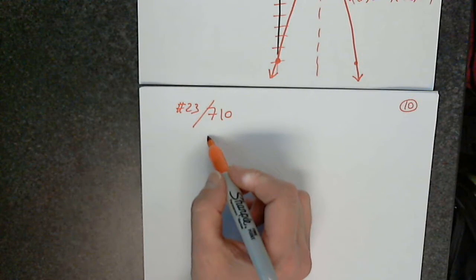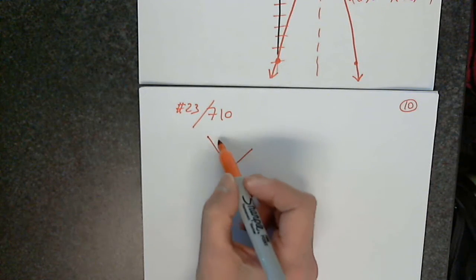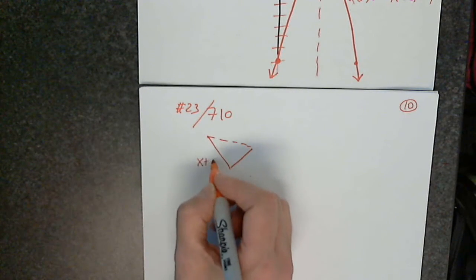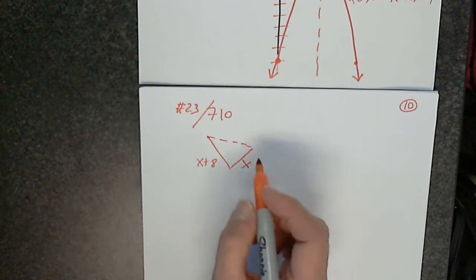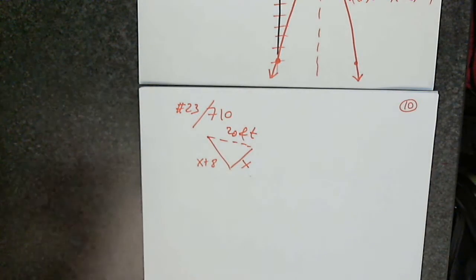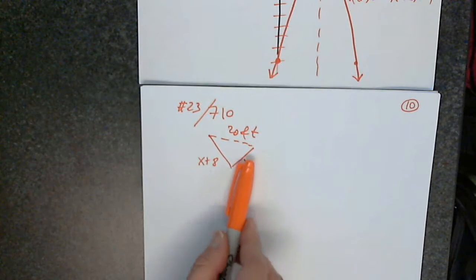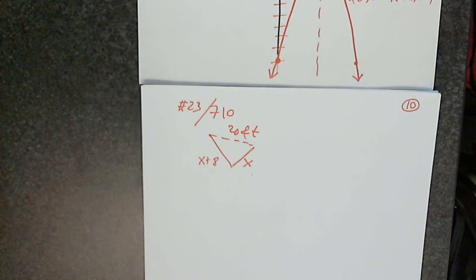So there is a right triangle that has, we're given x plus 8 here, we're given x here, and we're given 20 feet here. Given the diagram shown, approximate to the nearest tenth of a foot how many feet of walking distance a person saves by cutting across the lawn instead of walking on the sidewalk. So this is the sidewalk and this is across the lawn.